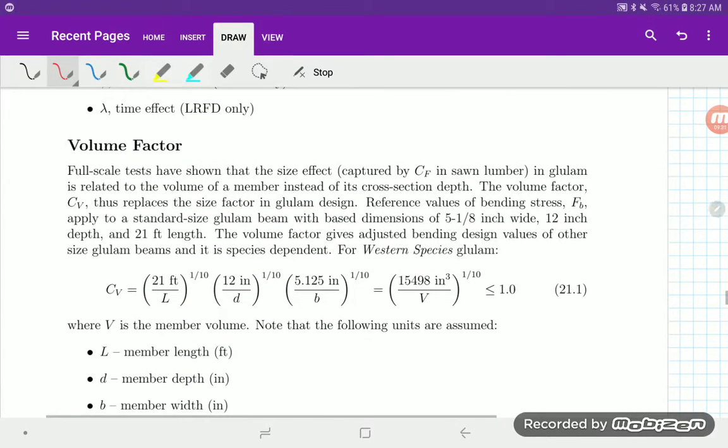Okay, there is this volume factor that I had just mentioned, the C sub V. It only shows up sometimes, so we'll look as we go through an example later. We'll read carefully when it does apply.